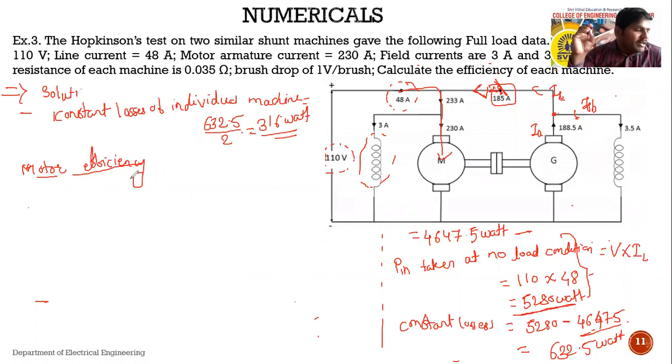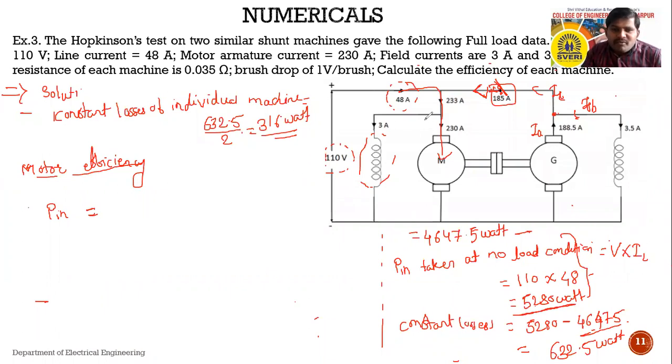According to this we are able to calculate the input power, and you people know the losses, then we are able to calculate the output power also. Okay, see, power input of the motor, what is the formula? P in, input power of the motor. What is the formula for input power of the motor?